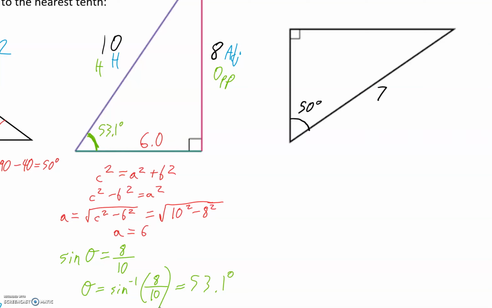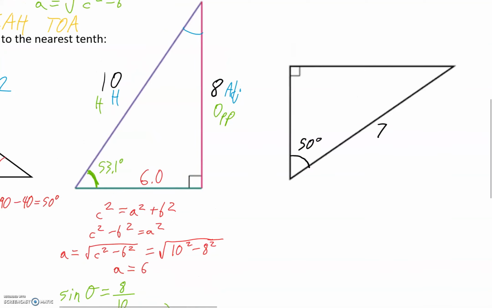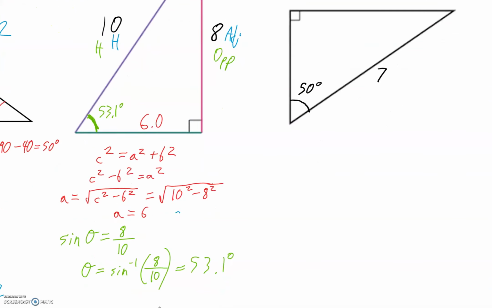Okay, and then if we do it from the other side, then it's cos theta equals 8 over 10, because now it's the adjacent side.